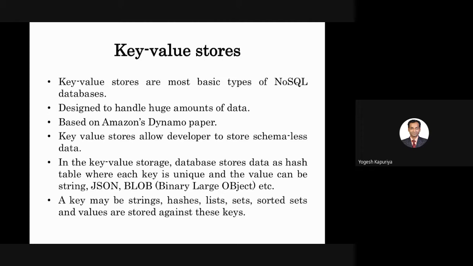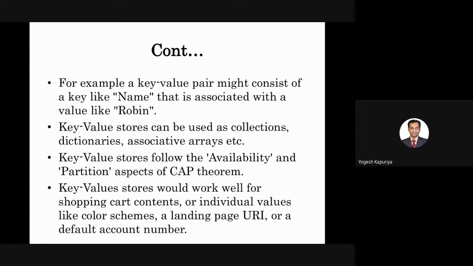The key may be a string, it can be hashes as well, and list, set or sorted set values are stored against this key. That means value can be anything. It can be an array, it can be an object, it can be an array of objects, anything. So this is an example.